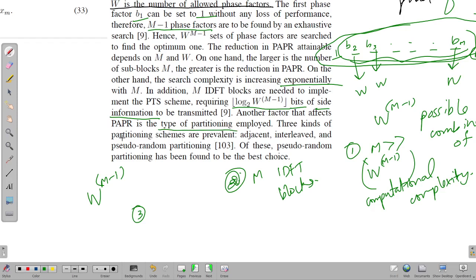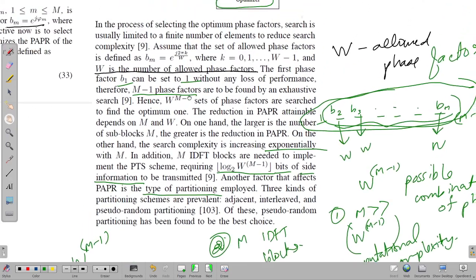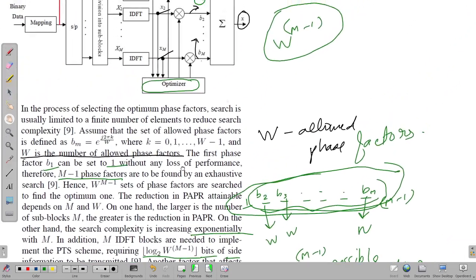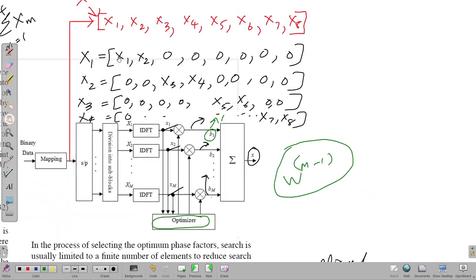The partition which I have used here is adjacent, which means all these are adjacent subcarriers, or adjacent symbols. They lie close to one another. So this is one type of partition.